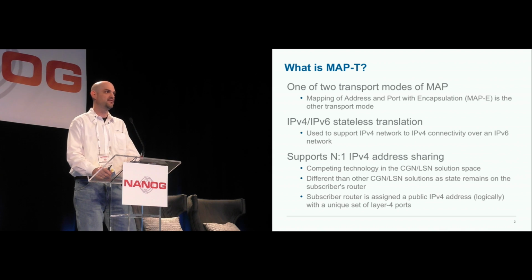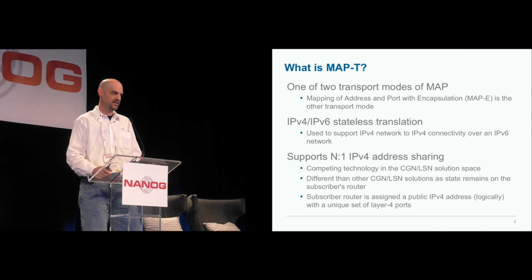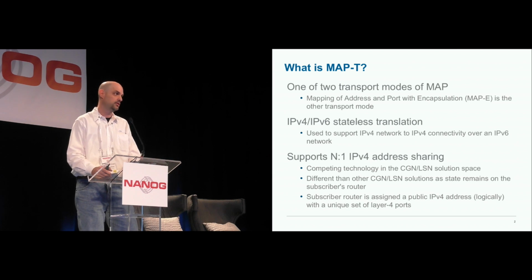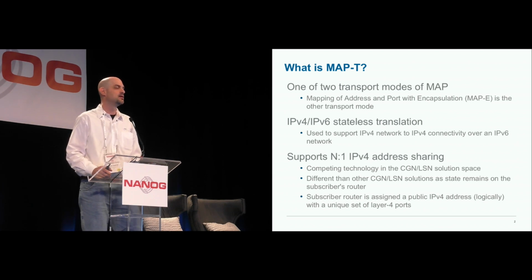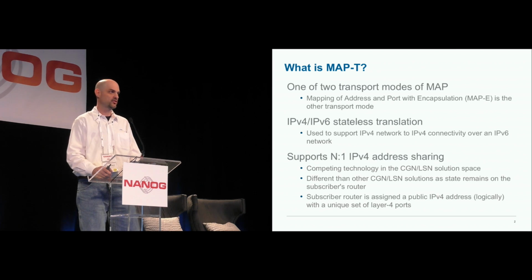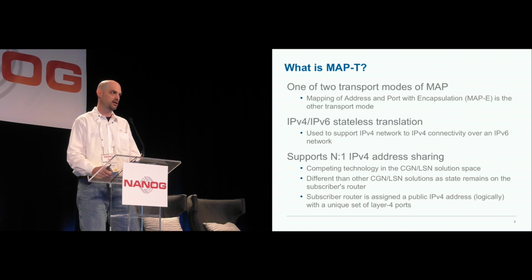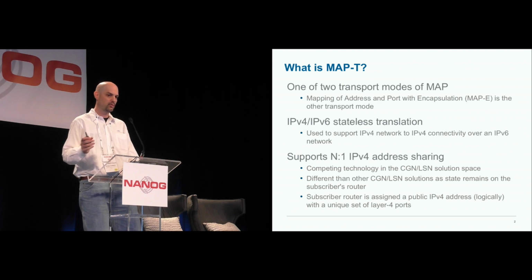MAP-T uses IPv4, IPv6 stateless translation, so you've got header translation as opposed to encapsulation with MAP-T. The IPv4 addresses are embedded within the corresponding IPv6 addresses in order to create a tunnel or softwire.